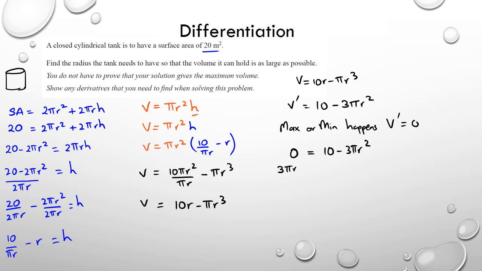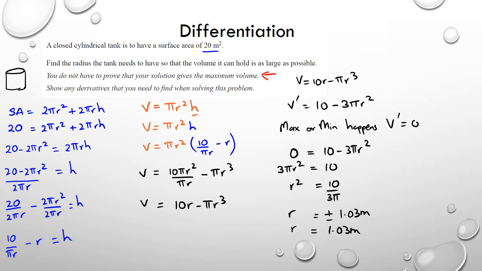Rearranging, I have 3 pi r squared equals 10. r squared equals 10 over 3 pi, and therefore r is equal to plus or minus 1.03. But obviously we're not going to take the minus radius, so the radius is equal to 1.03 meters.